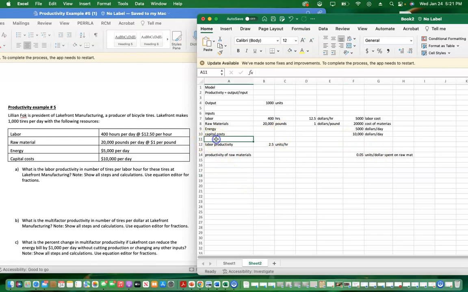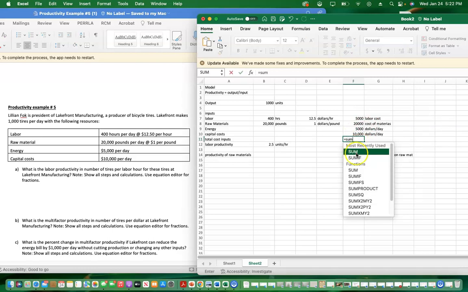So now what I can do here is to find the total cost. And the total cost means the total cost of inputs, because these are the dollar values for labor, raw materials, energy, and capital costs. So we can add all of this and we'll know how much it costs. So you can put the equal sign, type sum, select sum, and then check all of this, and then close the bracket.